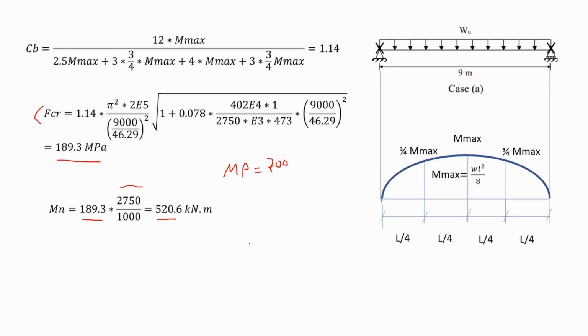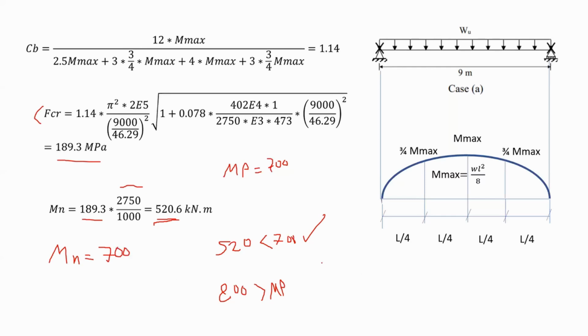So what happens is that you're supposed to calculate the Mn. You obtain it as 520 and check whether it's less than MP or not. So in this case, it is actually less than 700. Now, if it appears that Mn is 800, bigger than MP, then you have to consider Mn equal to MP, 700.